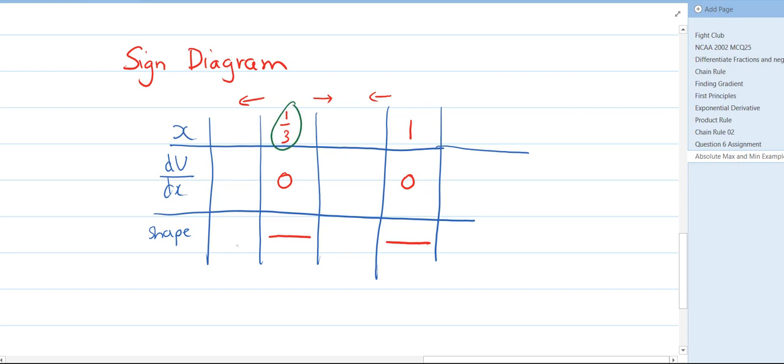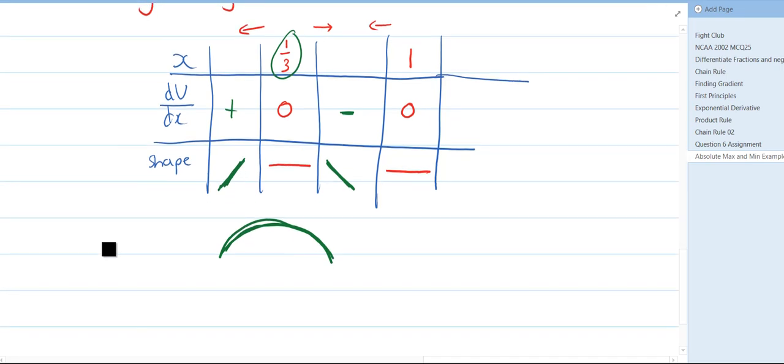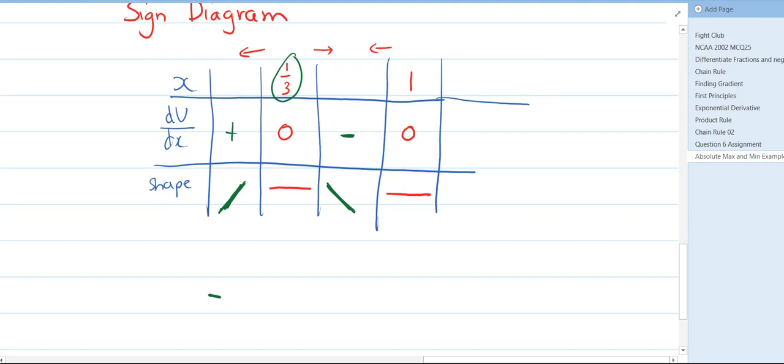That means the gradient to the left needs to be positive, and the gradient to the right needs to be negative. Which, as you can see, gives you a shape that's maximum. Gradient positive, gradient 0, gradient negative. So that will give you an idea that it is a maximum point, and that's how you actually prove it.